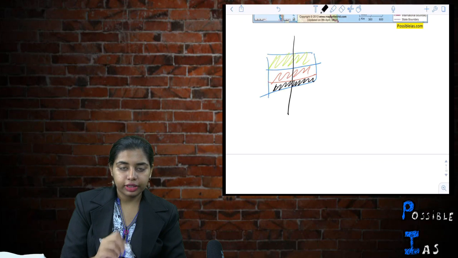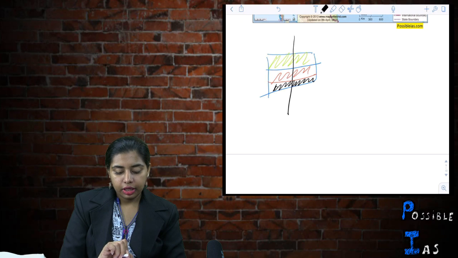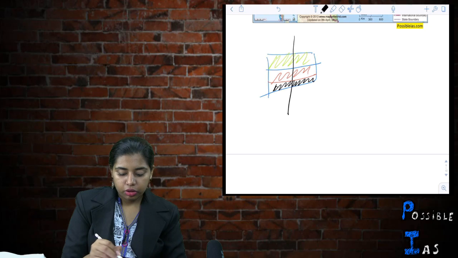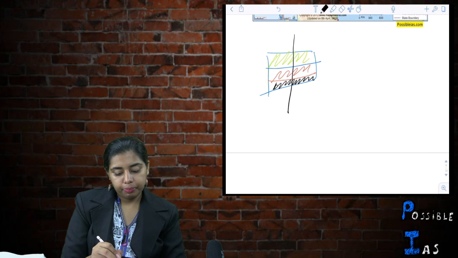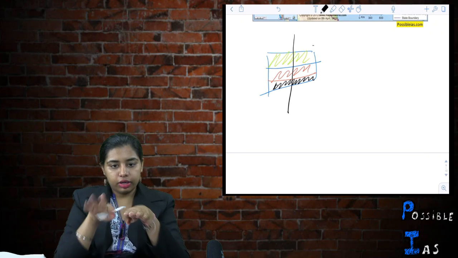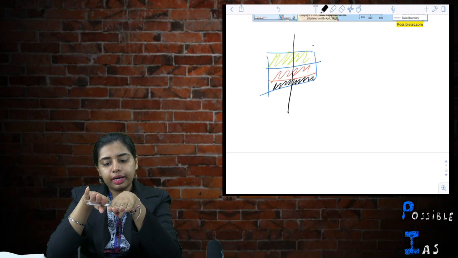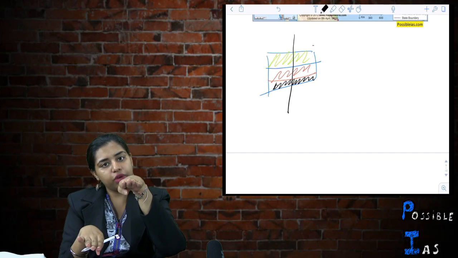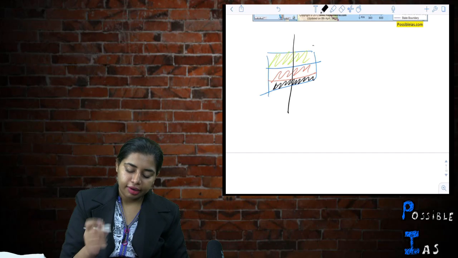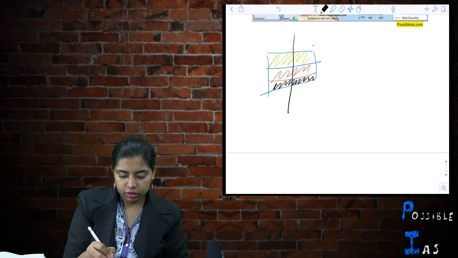These are the different rock types that are found in the lithology. So what can happen? One part of the block can either move down or one part can move up. Based on that, we have two types of faults.